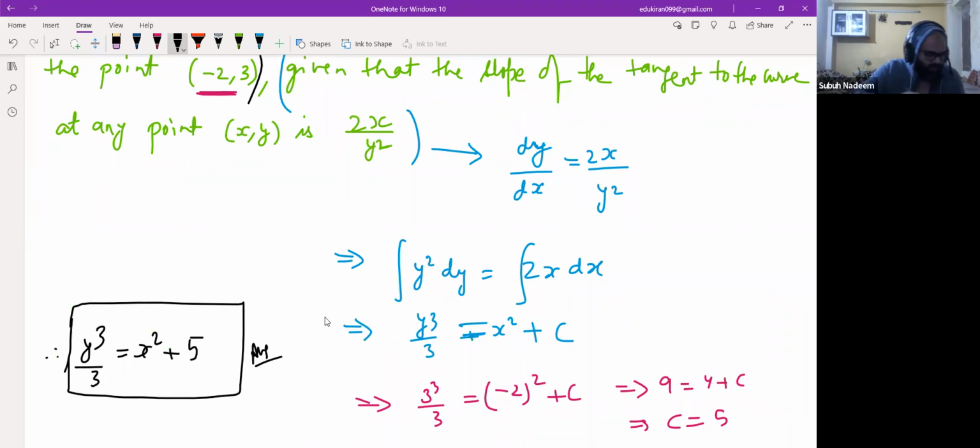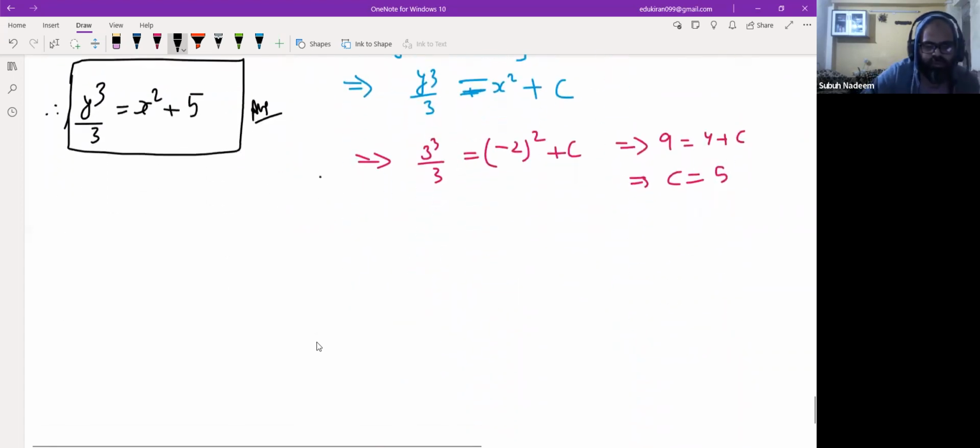So you may get word problems also, and you have to find the differential equation according to the word problem, then solve it. So based on these examples, are you writing this? Okay. So let us do a few questions from 9.4.